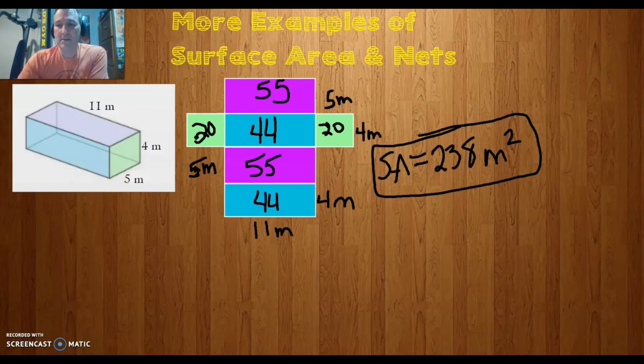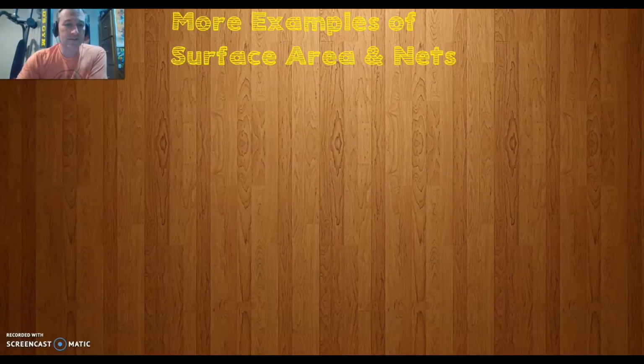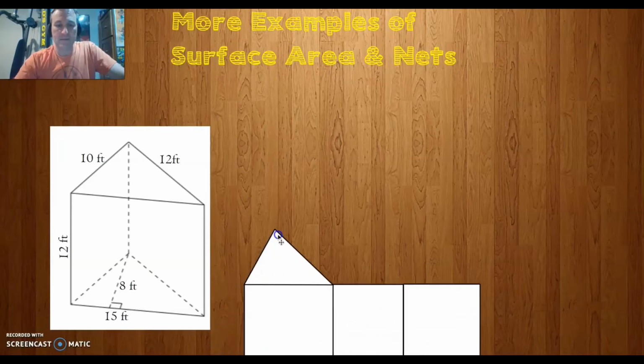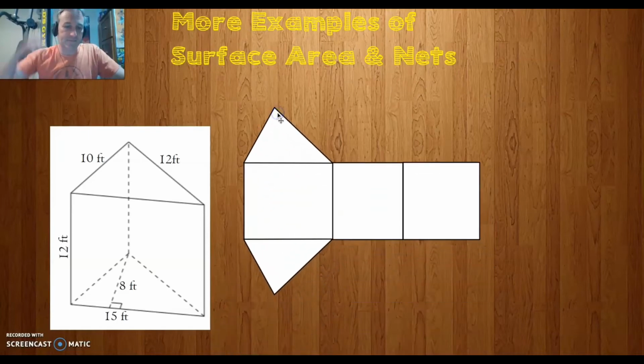This is starting to come back to you a little bit, probably, which is this piece of cheese right here. Okay, that's what you think of? That's what I think of too. So I already have the net drawn for this guy. It looks something like this. Does it look familiar?